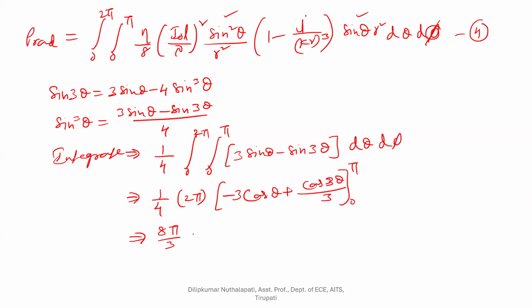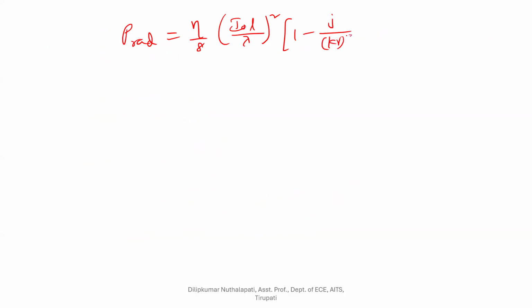So substitute this in equation 4. Then we get the P radiated component, η by 8, (I₀ L by λ) whole square into (1 minus j by kr) whole cube into 8π by 3. So the term 8 gets cancelled here.